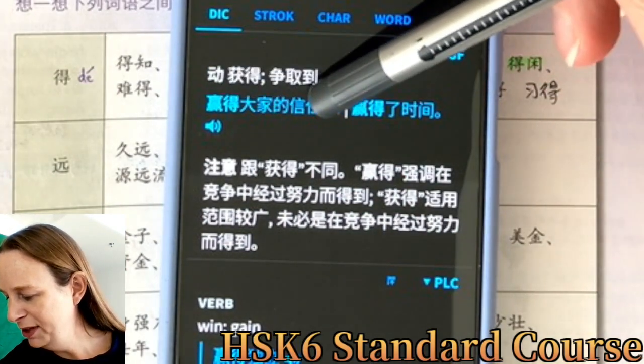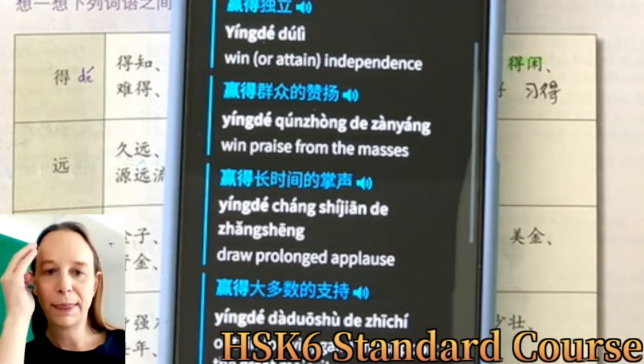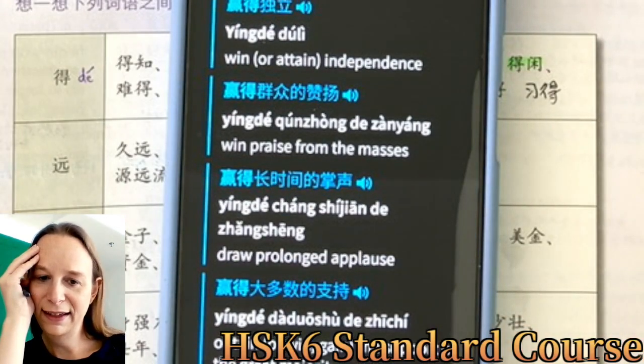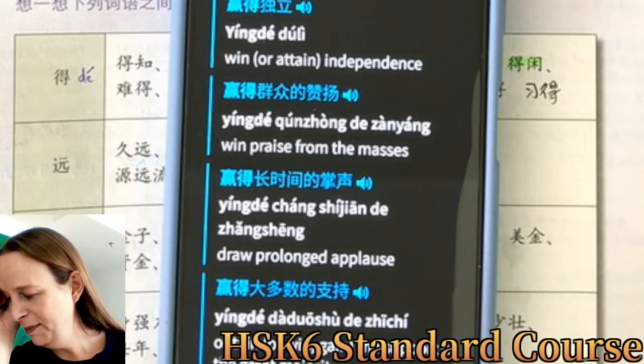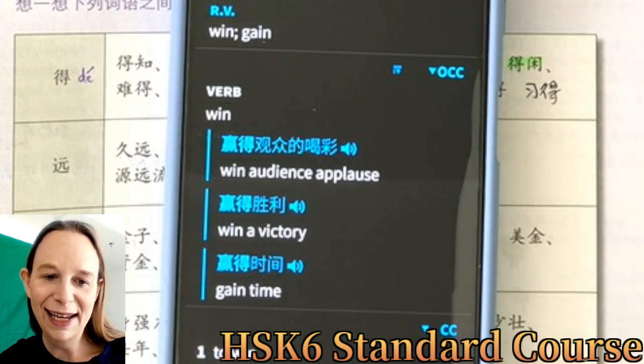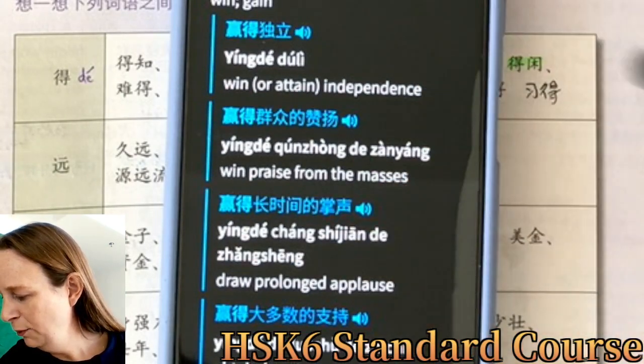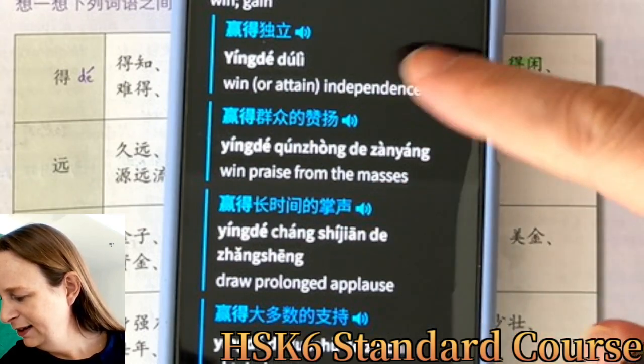Okay, win everyone's trust. 我赢. Maybe you can't use it as I beat you. 我打败了你. Maybe that one. Win independence. Yeah.